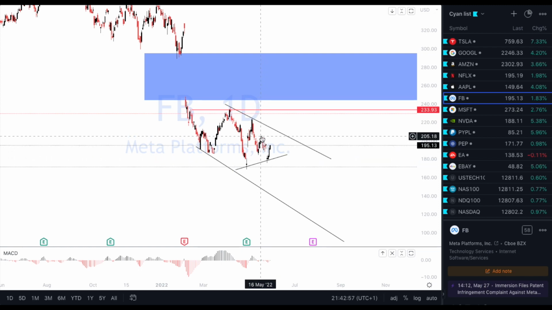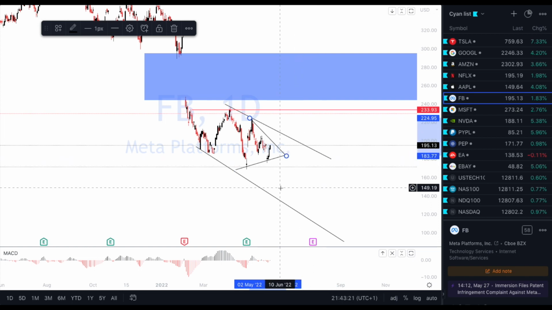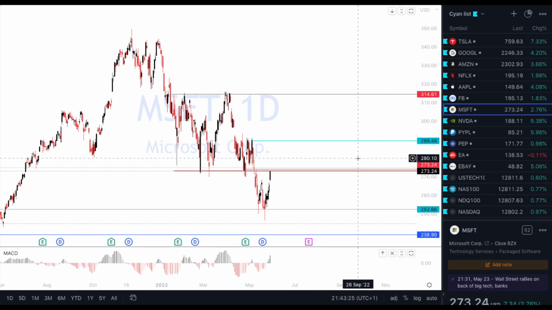That's a lower high over here, and a lower low over here, and a lower high over here. So this whole thing is going into a squeeze. We're going to need to figure out what direction this is going to spill out into. Is it going to spill to the upside, or is it going to spill downwards? That we don't know, but in the coming days and weeks we're going to surely find out.